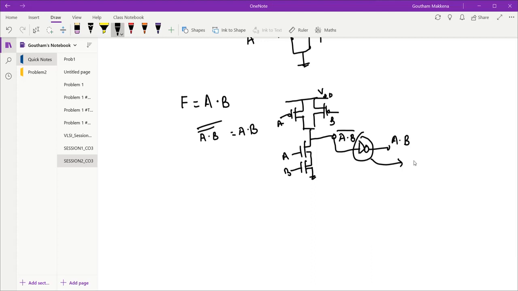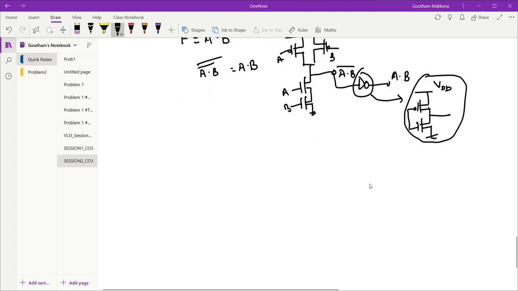So how does this inverter look like? This has a VDD, a pull-up network consisting of PMOS transistors, and a pull-down network consisting of NMOS transistors, isn't it? So this is how my inverter looks like again in CMOS. So that finishes my AND gate.